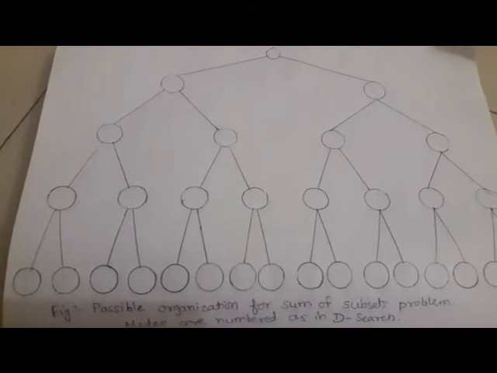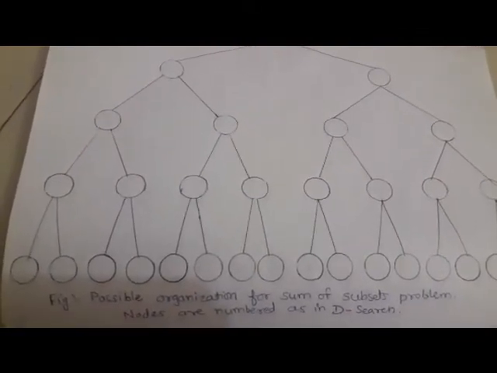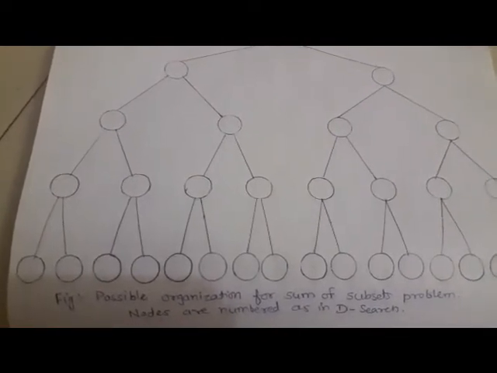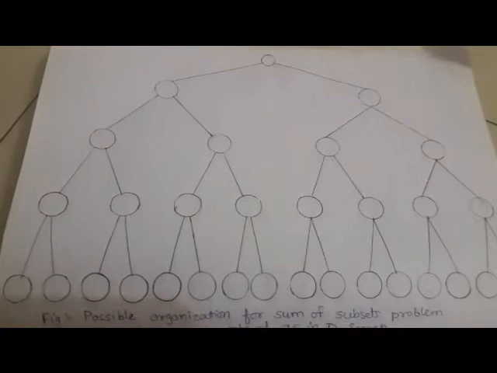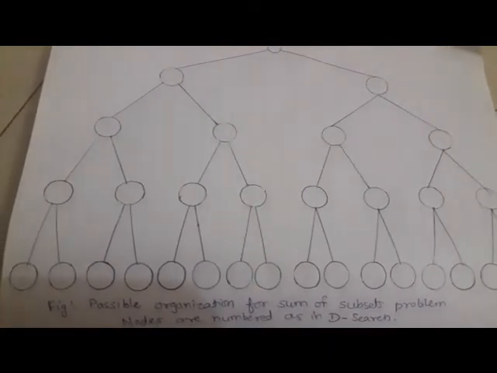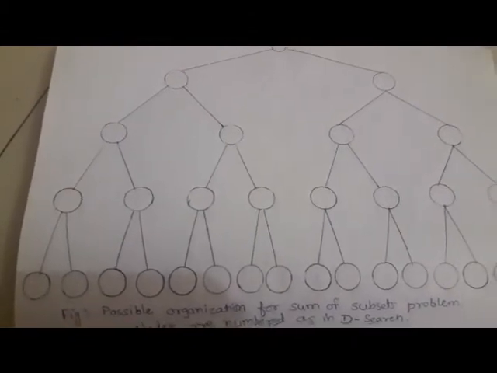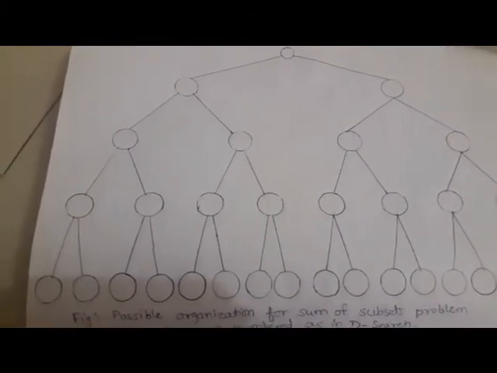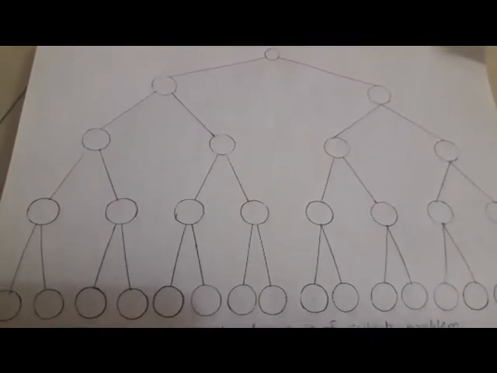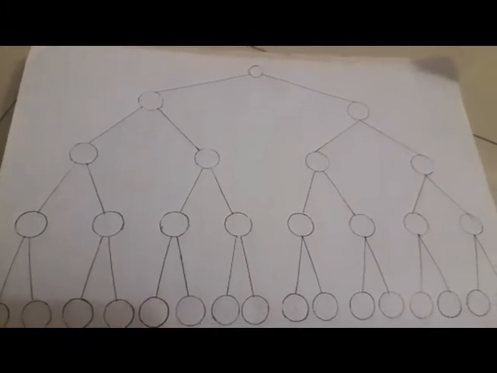Here we will see the possible organization for the sum of subsets problem. Here the value of n is equal to 4, and the nodes are numbered as in depth first search. So we will see this diagram for n equal to 4. This tree corresponds to the fixed tuple size formulation.